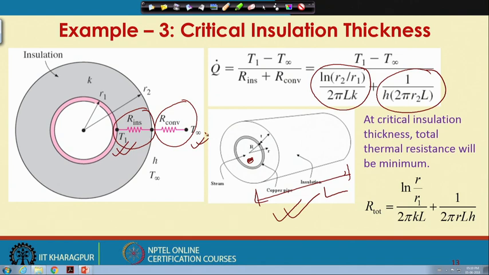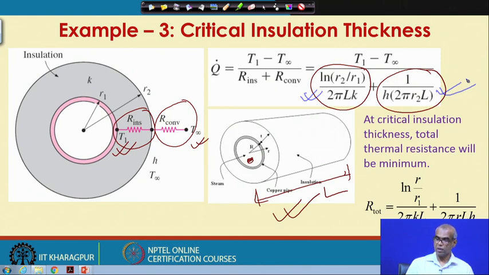Now, the conduction resistance increases as you increase the insulation thickness, but the convection resistance decreases as we increase the insulation thickness. So, at critical insulation thickness, the total thermal resistance is minimum.